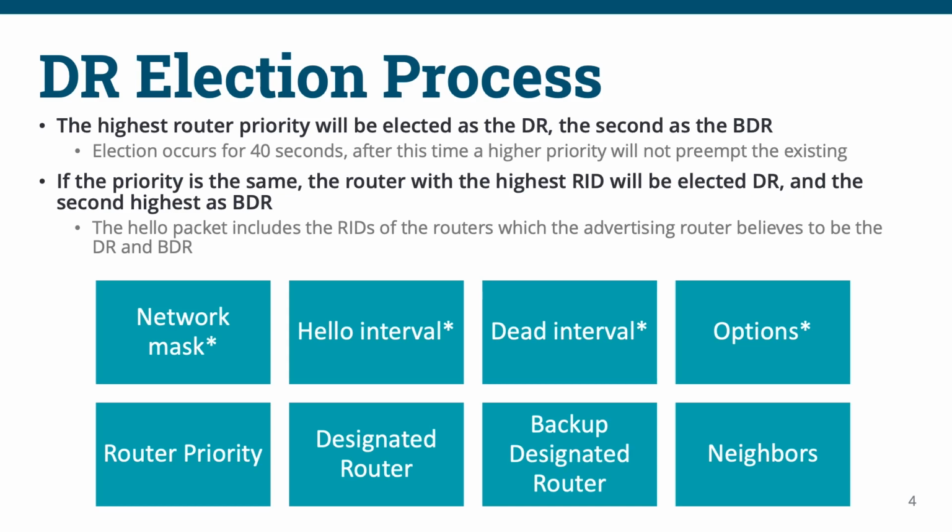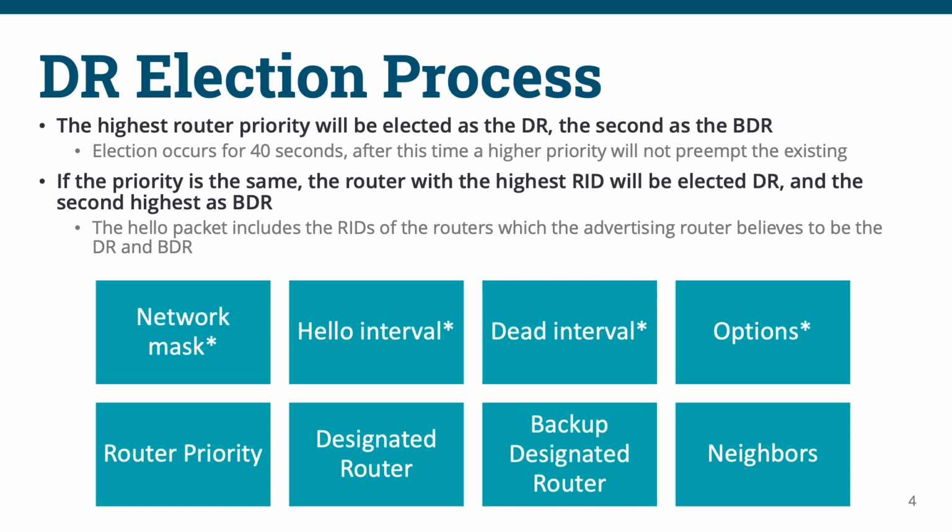In order for the DR or BDR to be replaced on a segment, the existing adjacency with the DR or BDR must go down for the nodes on the broadcast segment to allow the next router to become the DR or BDR.